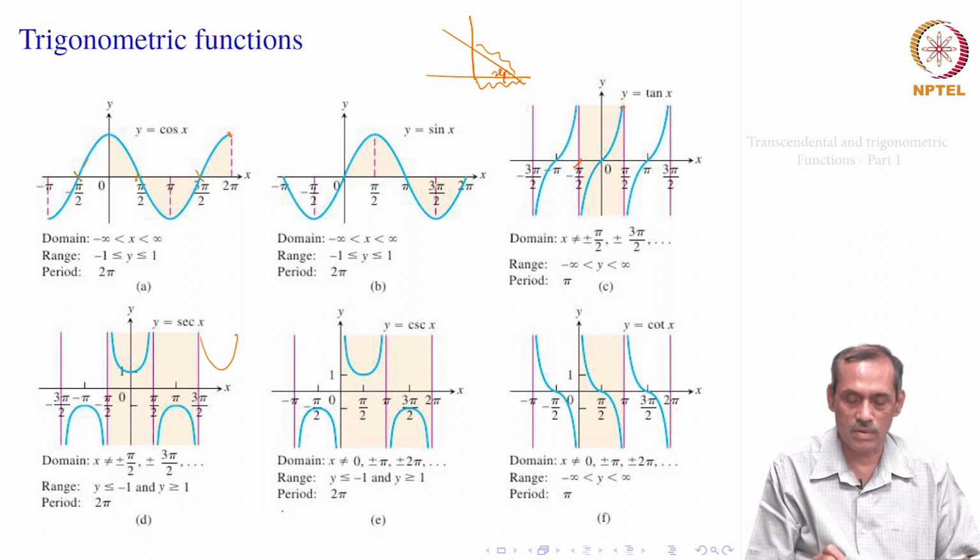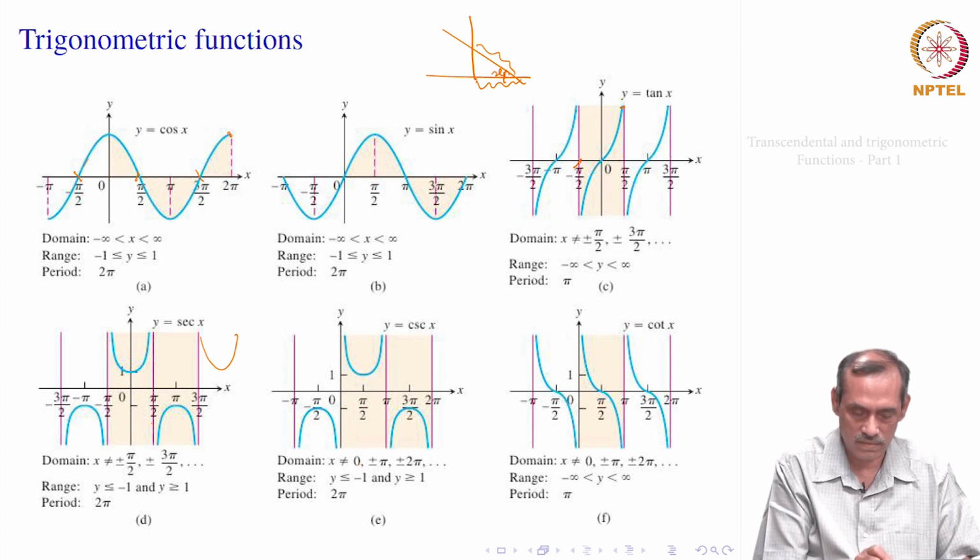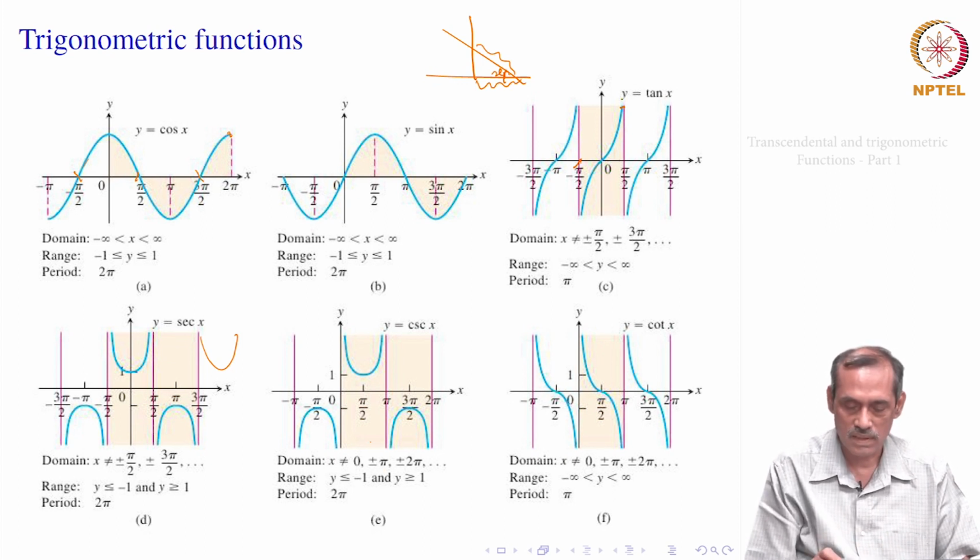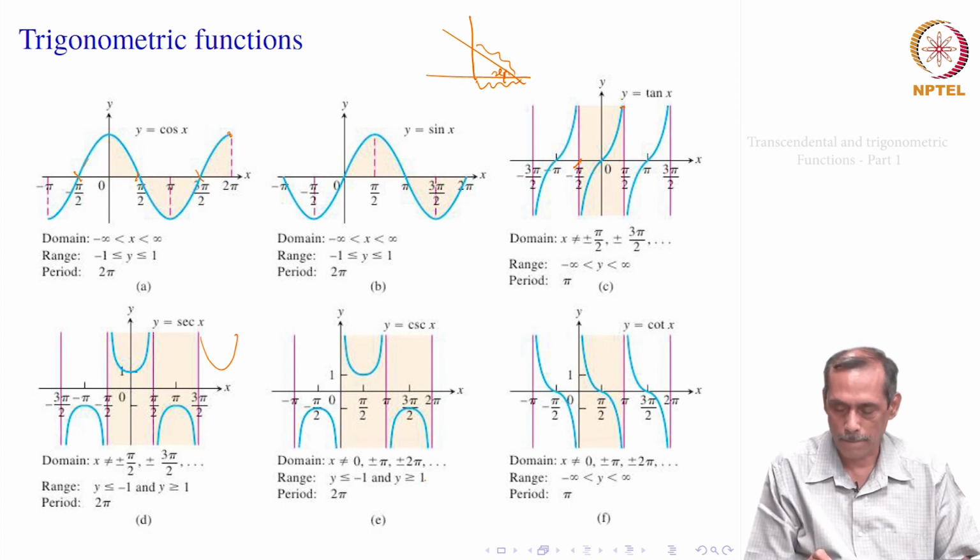If you look at y equal to cosecant x, or cosec x, there is a shift from the secant x curve, that pi by 2 shift. So, you get it this way, just like your sin and cos, there is a shift. Similarly, here it is just looking like secant x, but shifted.